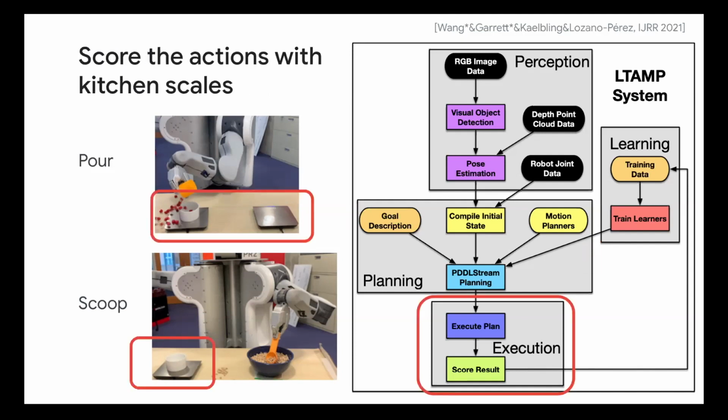In the execution section, we need to execute the plan and score the control parameters output by the learner. At the time, we decided this needs to be done, but how do we do it? We don't want some grad student looking at how many beads are poured into the cup. So we just got two kitchen scales and used them to score how many things are poured to the right location.